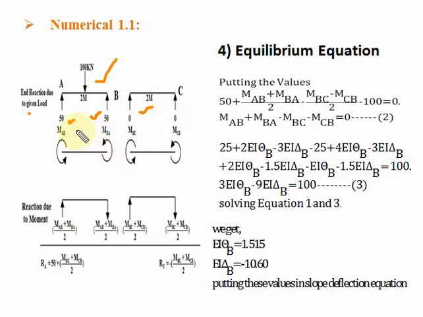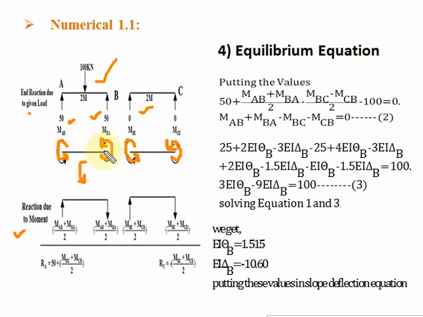Now for end moments, let's consider an end moment in the anti-clockwise direction at A, and the same at B. For span BC, consider end moments anti-clockwise at both ends; they are positive. Now find the reaction due to end moment. These end moments create a net moment in the anti-clockwise direction.